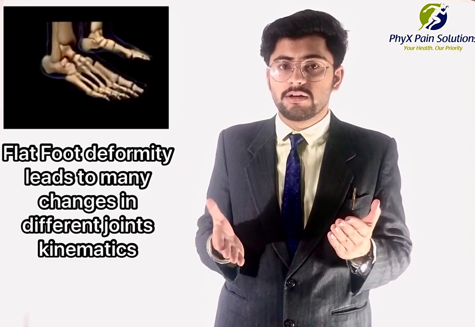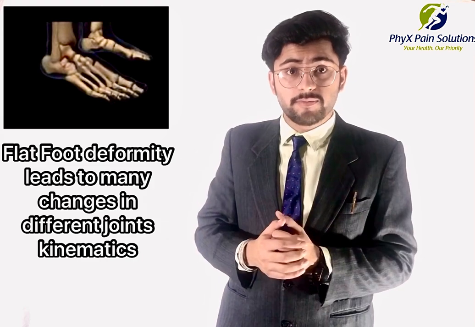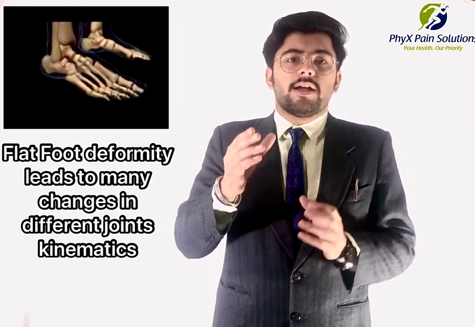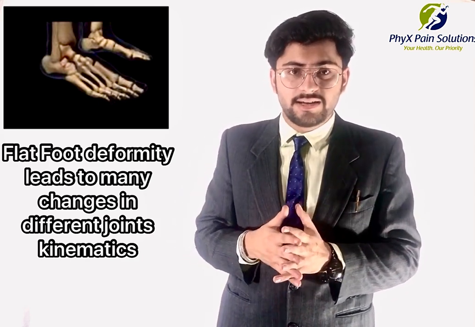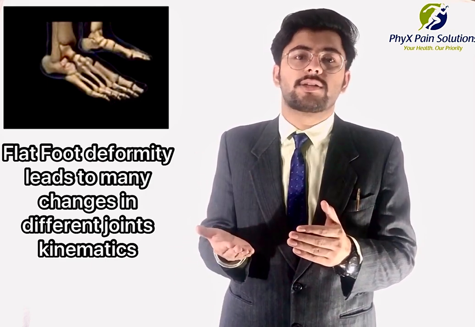Now as we discussed, joint angles play a big role in this. Let's say someone has flat feet: the foot goes into eversion, the tibia rotates internally, there is more valgus at the knee, and that leads to lateral compartment compression and knee osteoarthritis.